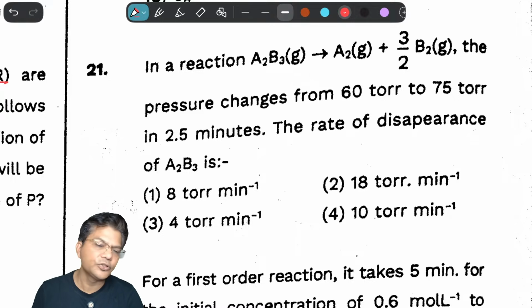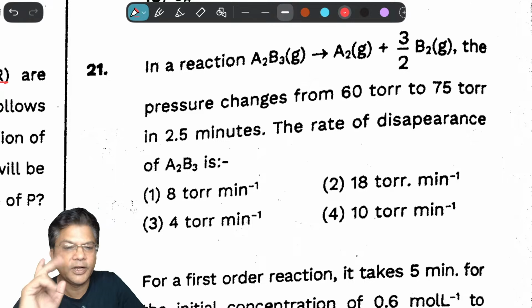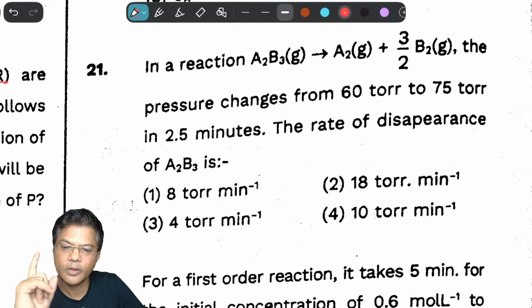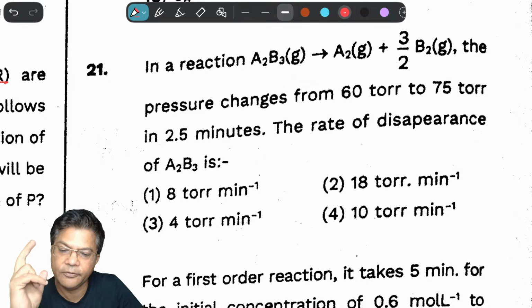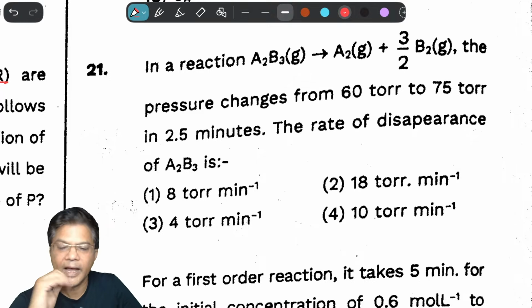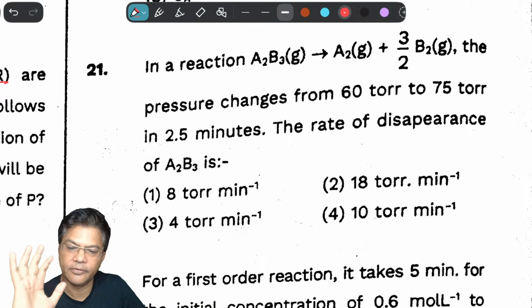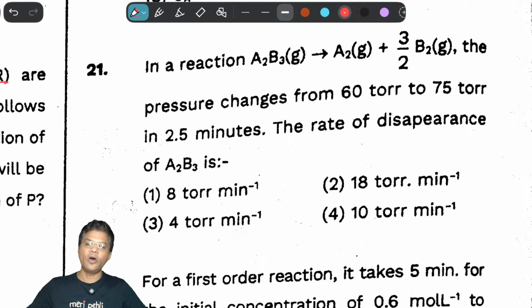Or how many questions would you like to do? Kids, do let me know. 25 or 50? Tell me first, public. I think 25 is good. 25, okay? Or do you want to do 50?